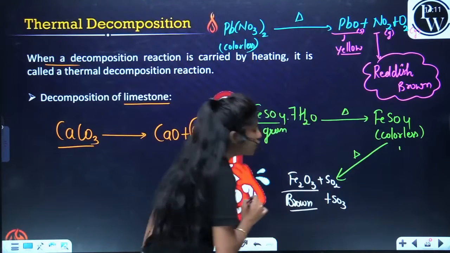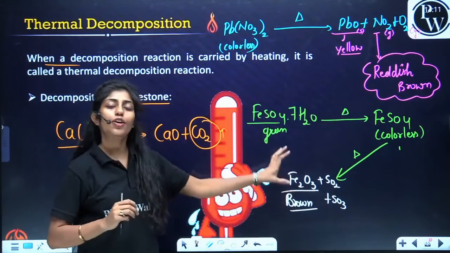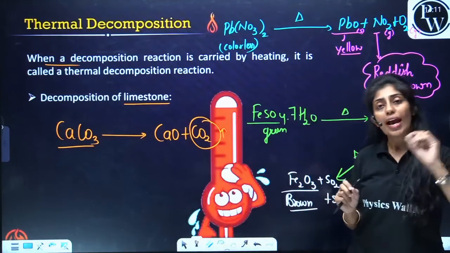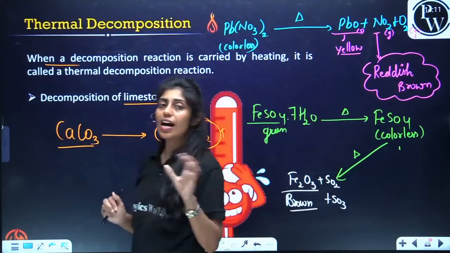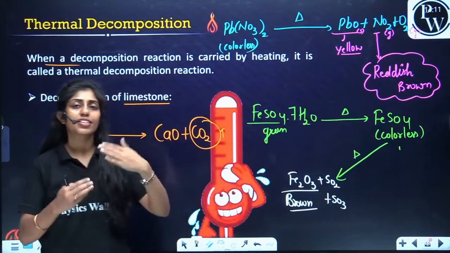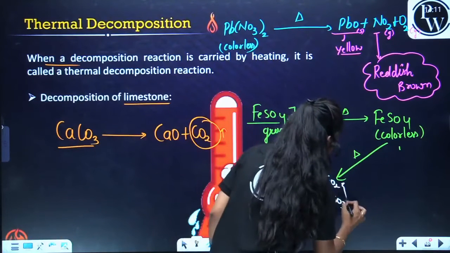This is rust, no? Rust has a brown color. So that solid residue is brown in color, while SO2 and SO3, both gases, are colorless but not odorless. They have the characteristic smell of burning sulfur, a very pungent smell.